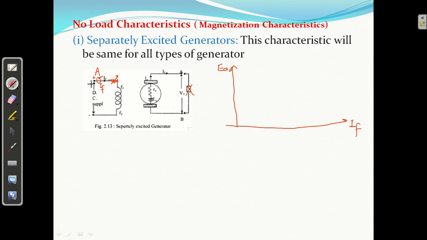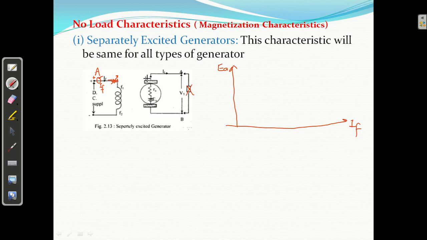So if you are going to do the experiment, plus will be connected with the ammeter, that is PMMC type of ammeter, permanent magnet moving coil ammeter, clear. Negative will be connected with the rheostat, second of rheostat connected to F1, and F2 will be connected with the negative supply, clear.